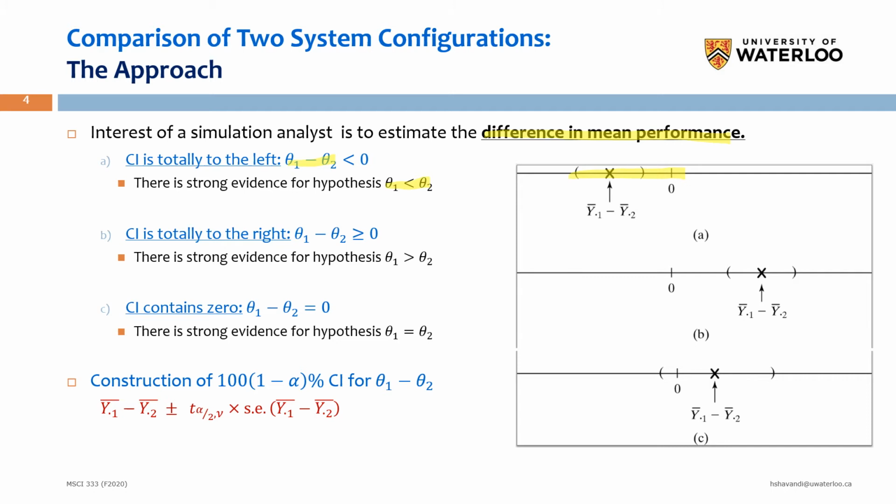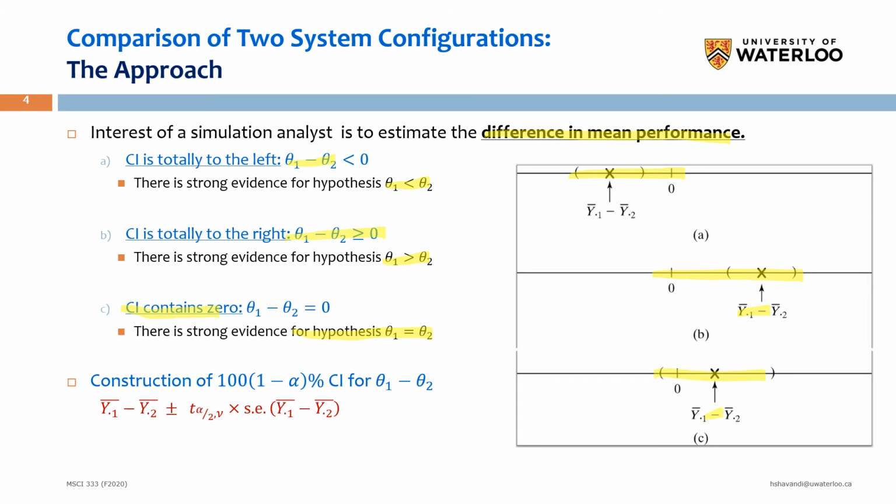If the CI lies totally on the right side of zero, as you see here, there is strong evidence for the hypothesis theta 1 greater than theta 2. If the CI contains 0, so 0 lies inside the interval, then we can say there is strong evidence for the hypothesis that theta 1 equals theta 2.